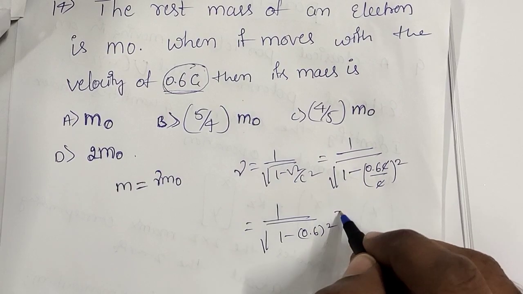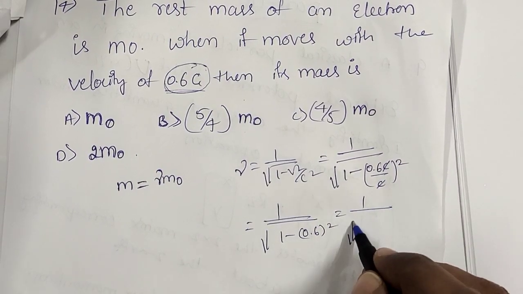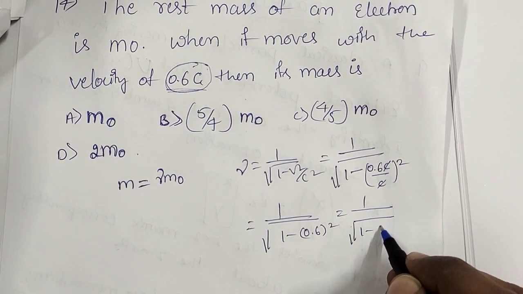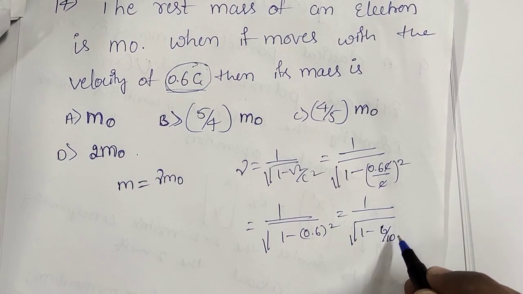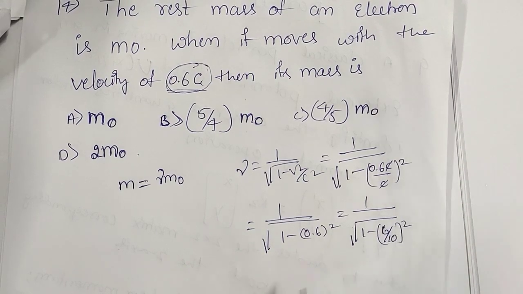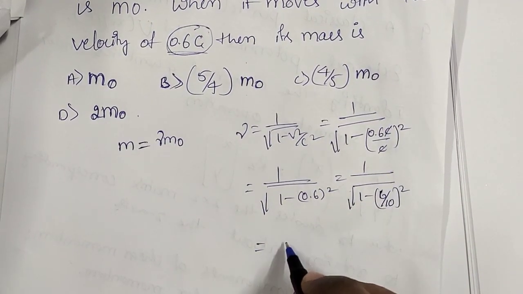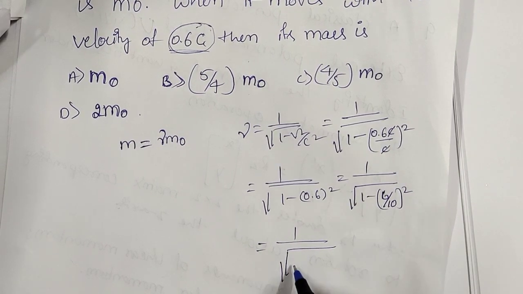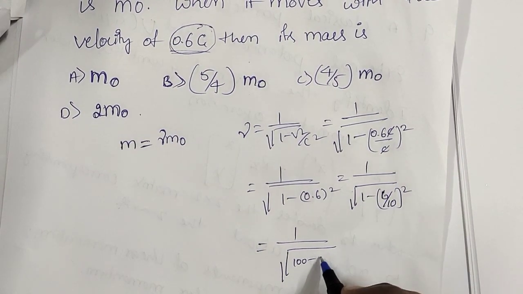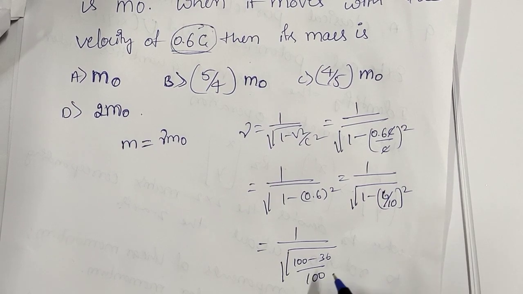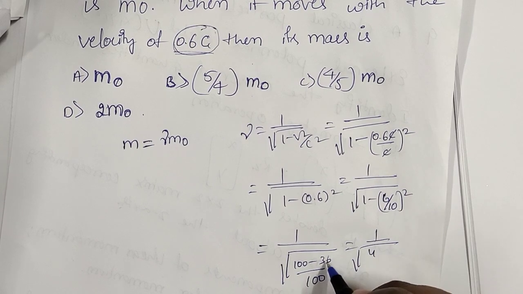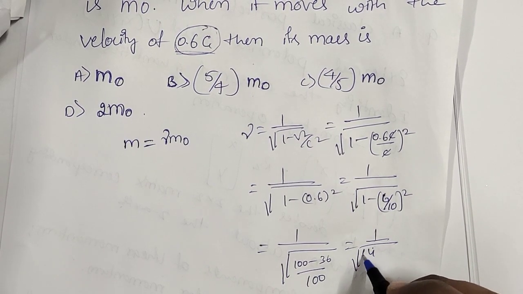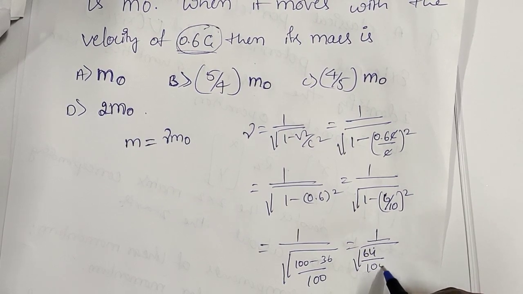For simplification, this is 1 minus 6 by 10, whole square. Then it is 1 divided by square root of (100 minus 36) divided by 100, which is equal to 1 by root of 64 divided by 100.